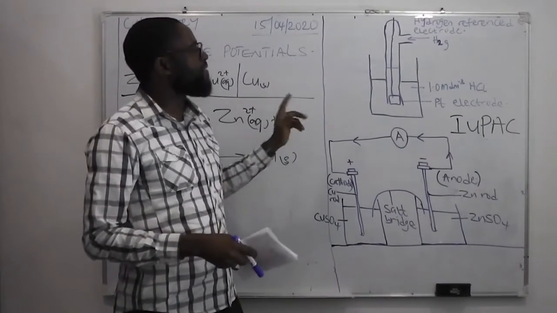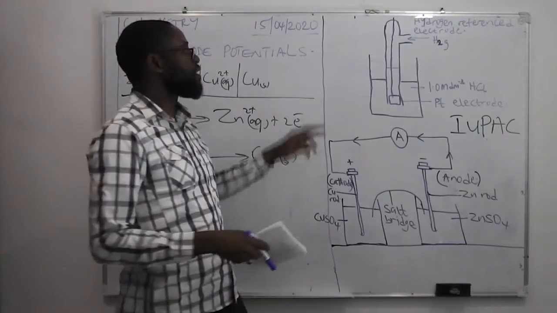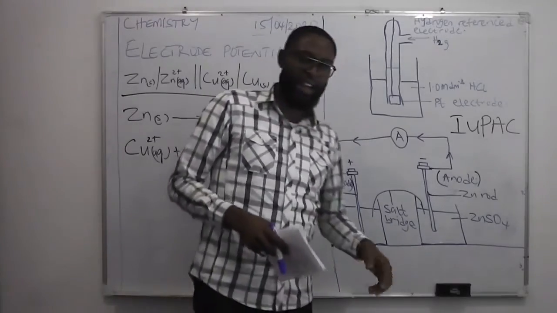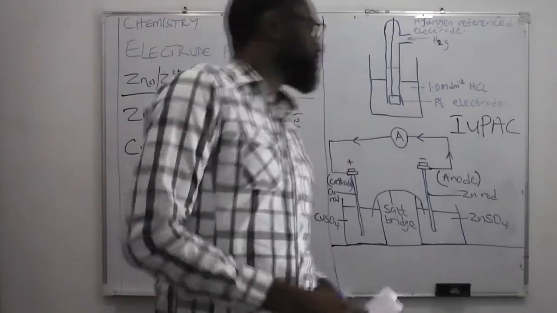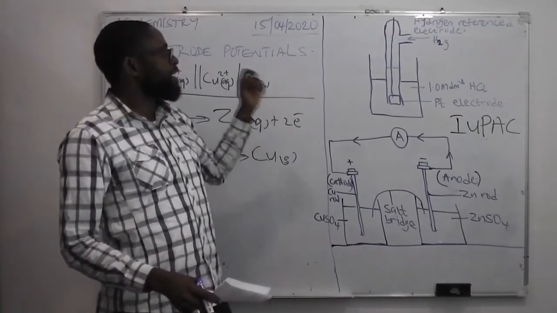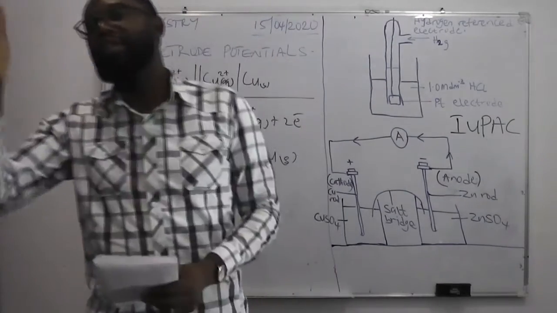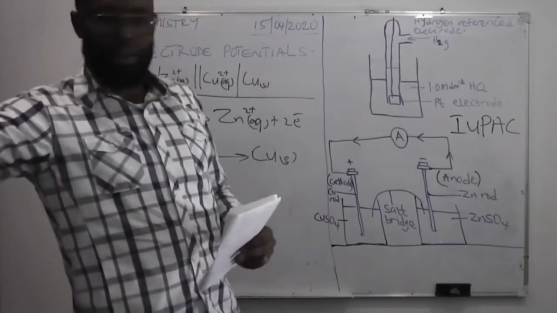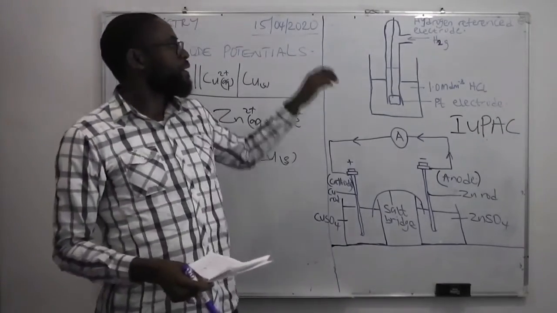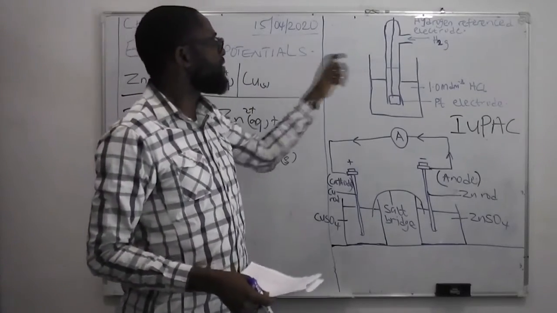Now, whenever you want to measure the electrical potential of any cell, you just connect that particular metal ion system to the hydrogen reference electrode. Now listen to me. Anytime the hydrogen reference electrode is connected to any cell, and electrons are flowing from the metal ion system to the hydrogen electrode, it is going to have a negative value.